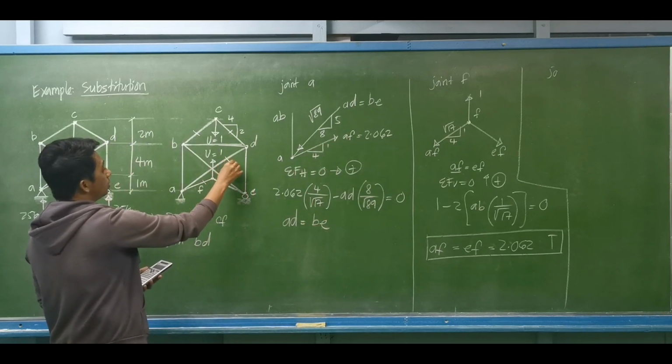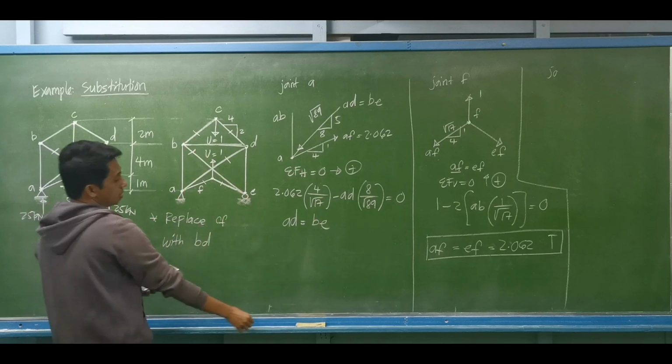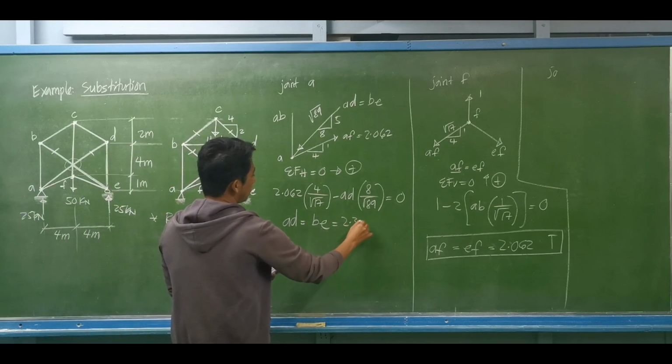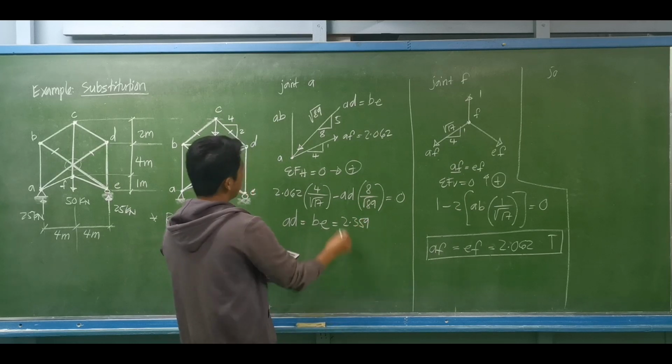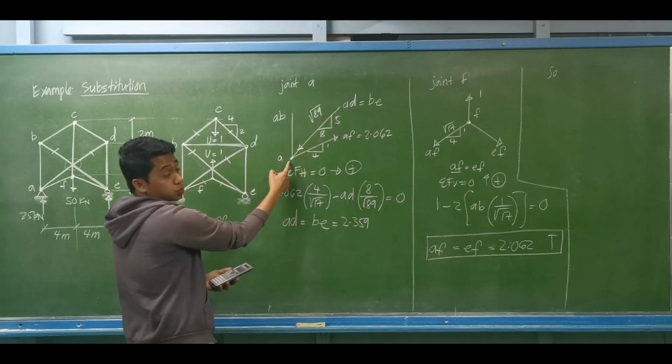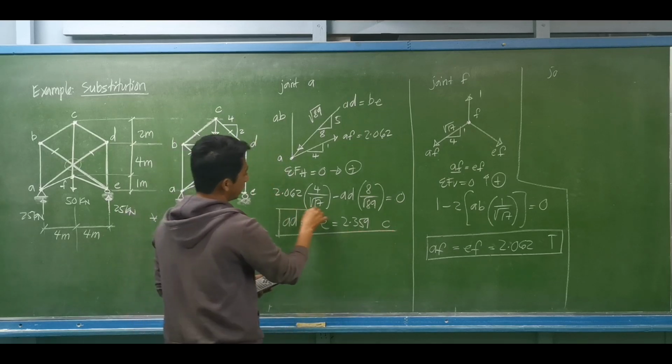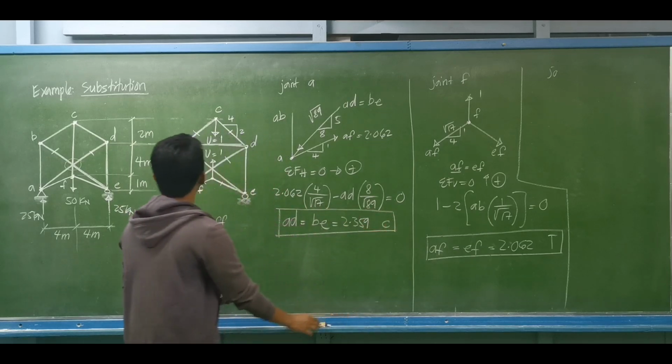So AD is similar to member BE. And that is equal to 2.359. And as you can see, this is towards joint A. So this is under compression. So this is for AD and member BE.